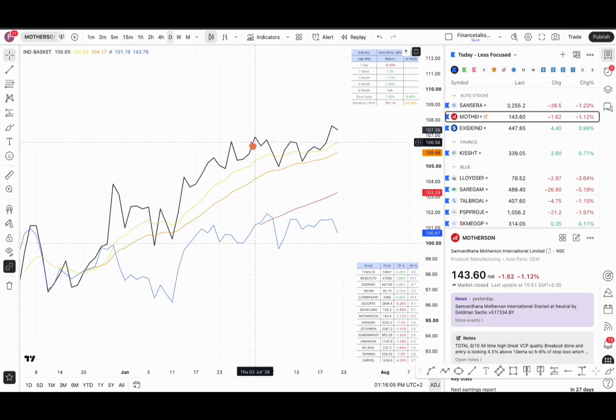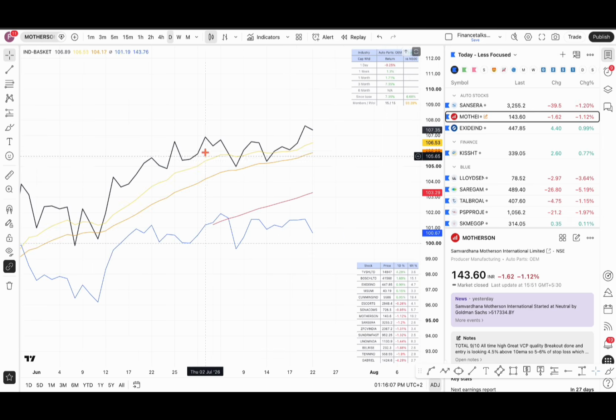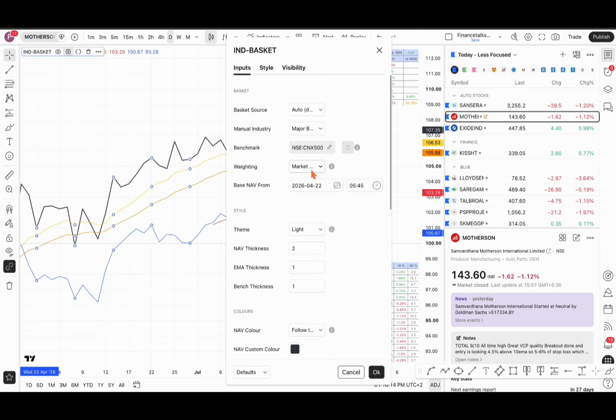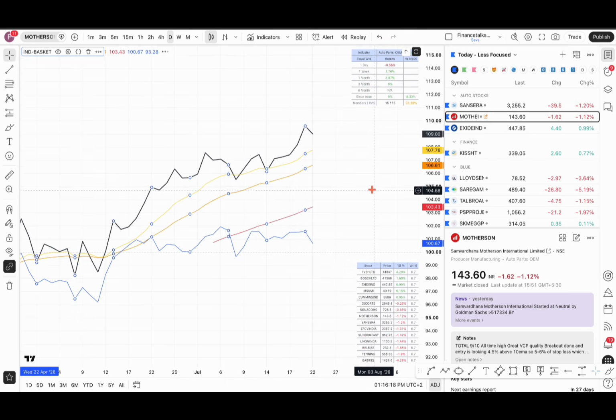Okay, so you see the auto having a breakout on the M cap as well. And if we select back the equal weight, then also we can see that it has given a breakout, then it is pulling back.